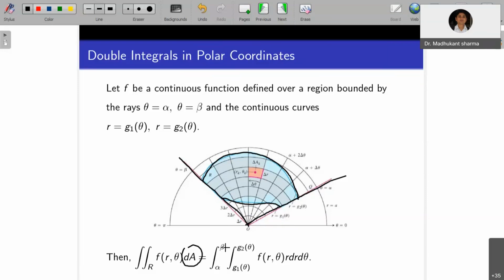A similar concept applies here. Since r has a variable limit, first you integrate with respect to r, then with respect to theta, and r is bounded by the curves g1 to g2, and theta is from alpha to beta. I'm not going to discuss much here. It also has the same theory, like a Riemann approach.